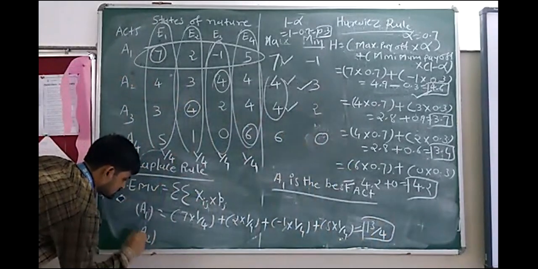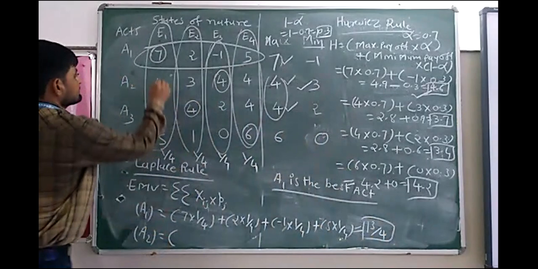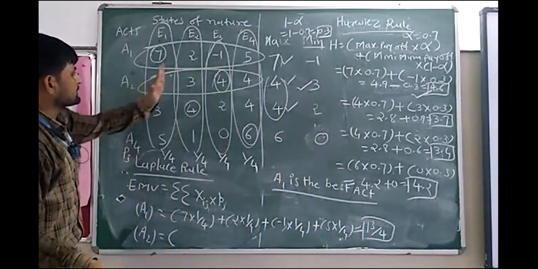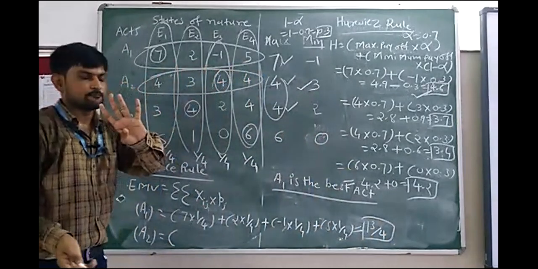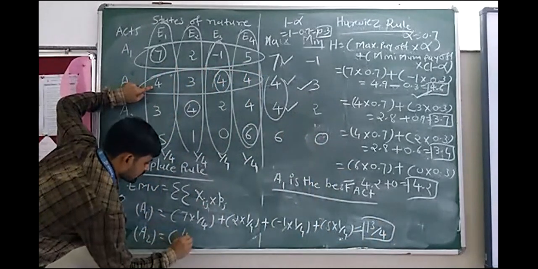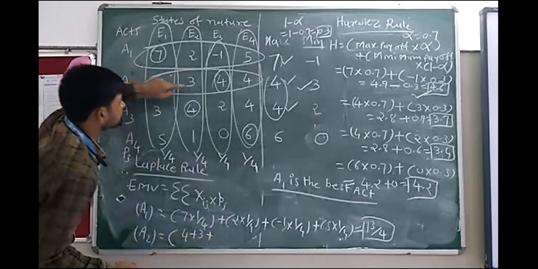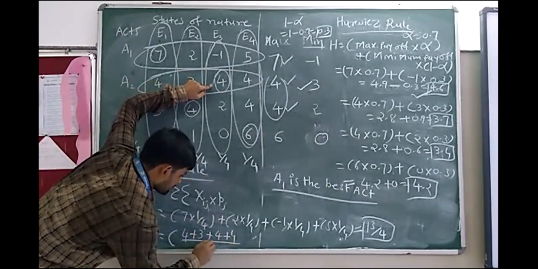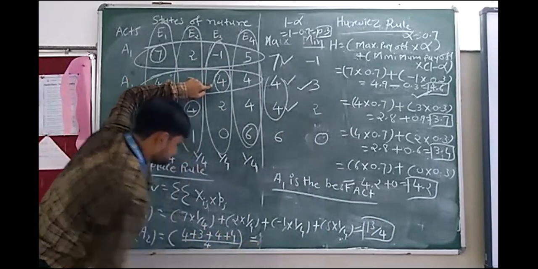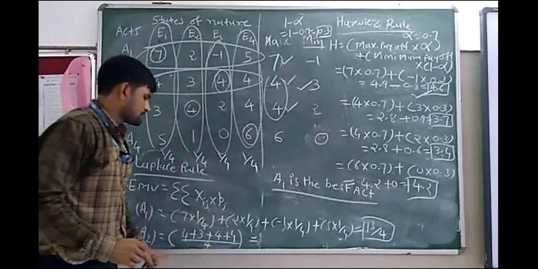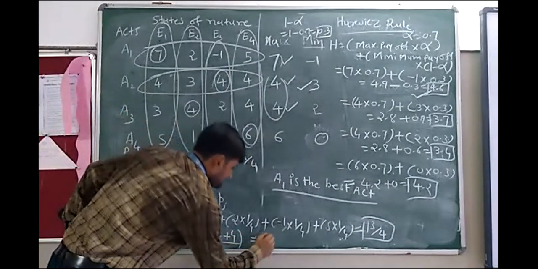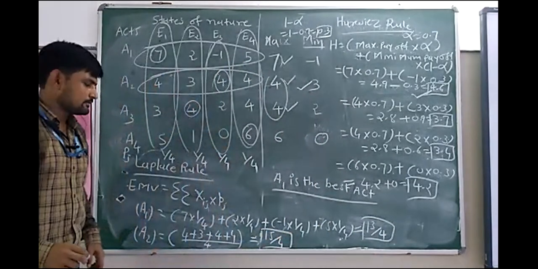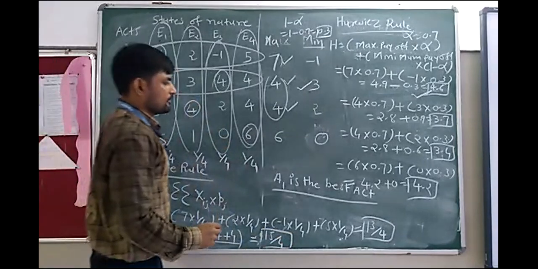Similarly, we'll find for x2. Now we can write directly, this plus this plus this plus this divided by 4. So 4 plus 3 plus 4 plus 4 divided by 4. So the answer is 4 plus 4 plus 4, 12 plus 3, 15 by 4. Okay. Again, we'll find for x3.